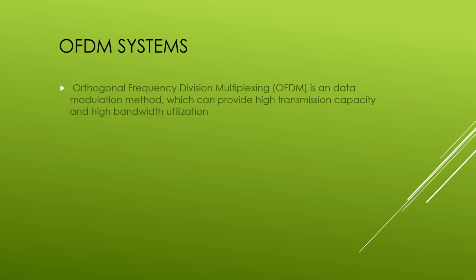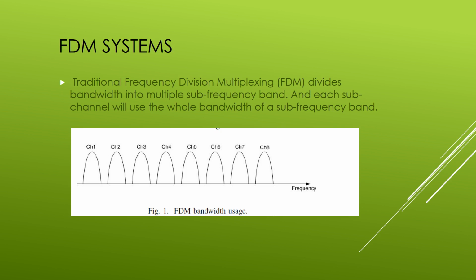The OFDM systems could be treated as the improvement of the traditional frequency division multiplexing systems. And first, let's get started with discussing the traditional FDM systems. The traditional FDM systems divide the bandwidth into multiple sub-frequency bands, and each sub-channel will use the whole bandwidth of a sub-frequency band.